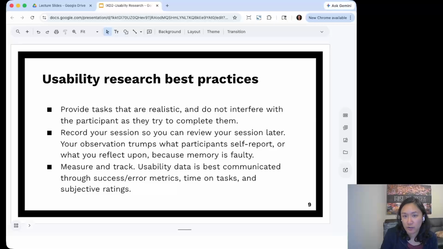Additionally, when running usability research, you also want to provide tasks that are realistic, meaning these are things that they can do without stumbling over unnecessarily. You may see that on your own, but you don't want to lay trap questions or gotcha questions. You also don't want to interfere with the tester as they're trying to complete these tasks.